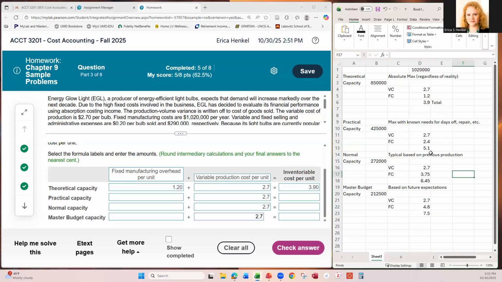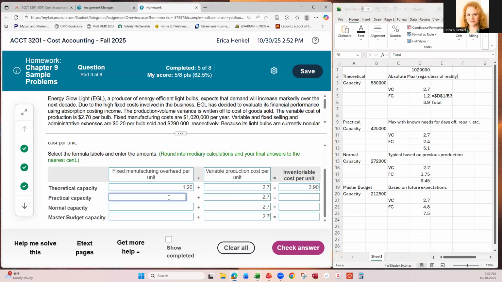Okay, so it's doing the exact same formula here, just taking the practical capacity divided into the total fixed overhead amount. There we go.